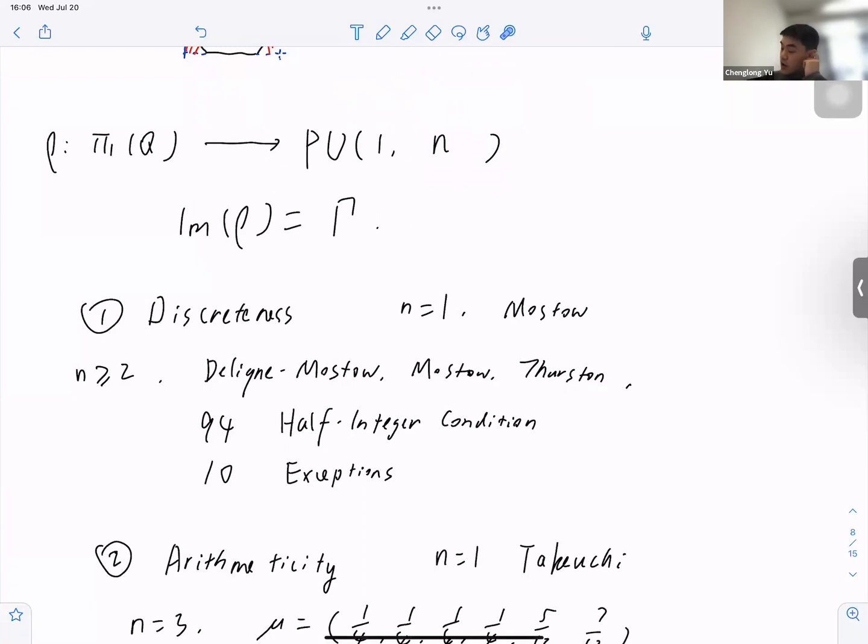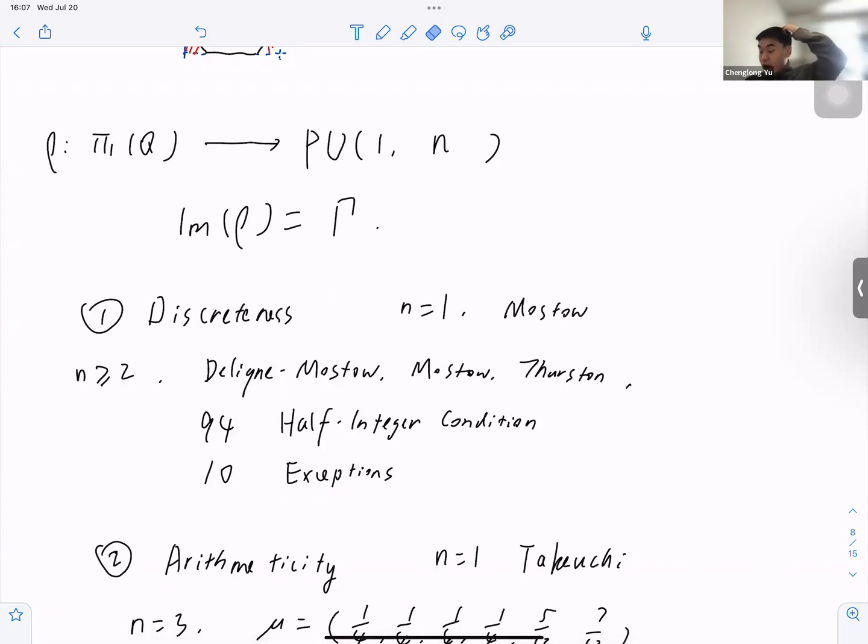So there are different approaches. Thurston's approach is more geometric. So the complete list of those discrete subgroups was obtained in Mostow's paper. 94 of them satisfy some condition they called the half integer condition, and there are 10 exceptions.